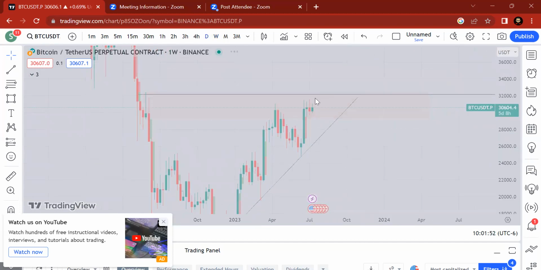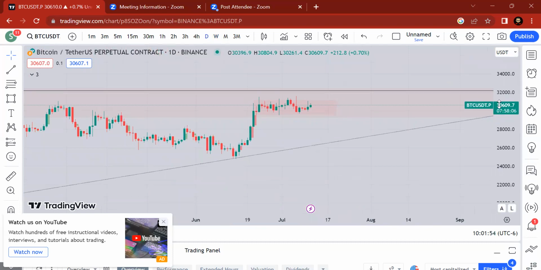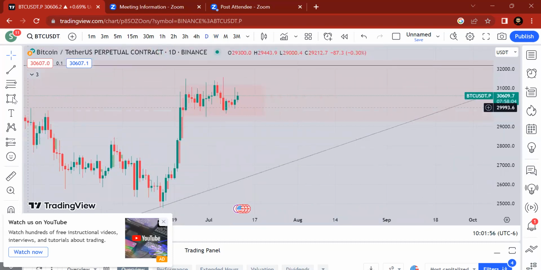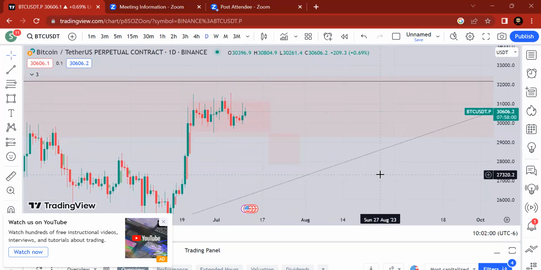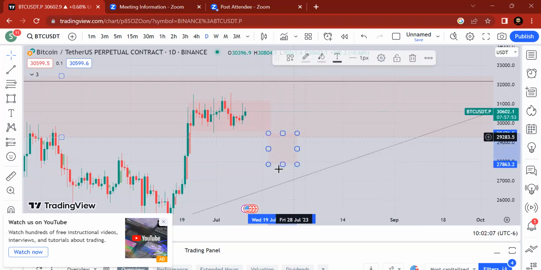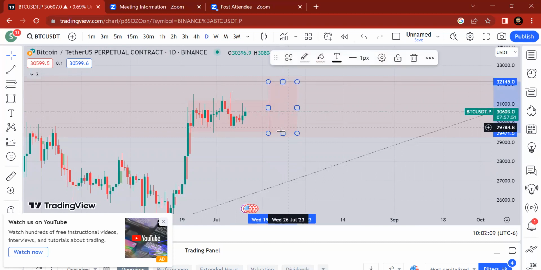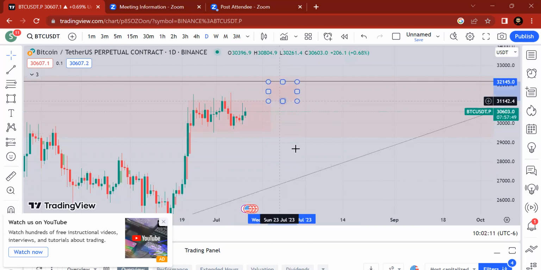Now I will come back to the daily chart again. If someone is looking for this pattern here, I don't think it will play out, because price is already in a supply zone, so manipulation will happen here. It is justifiable like that.